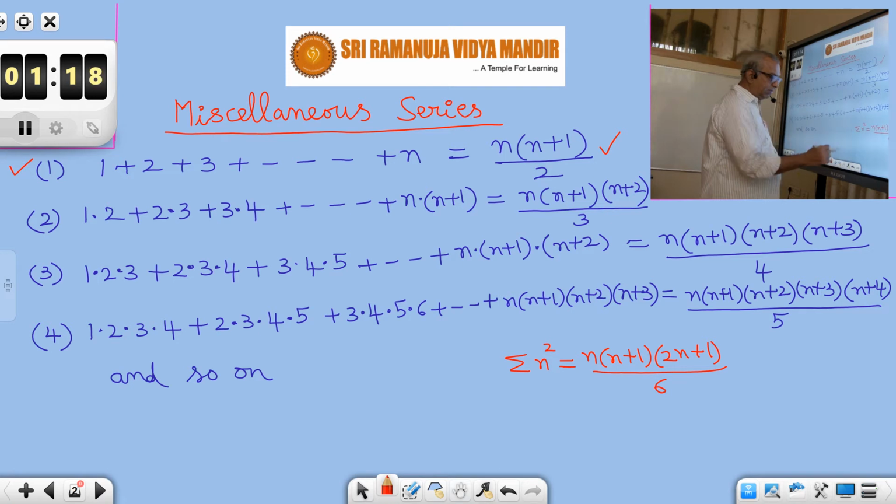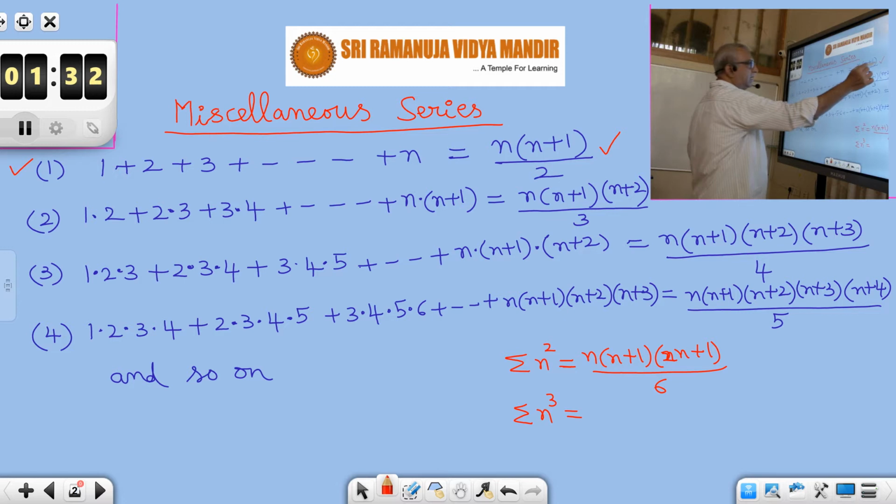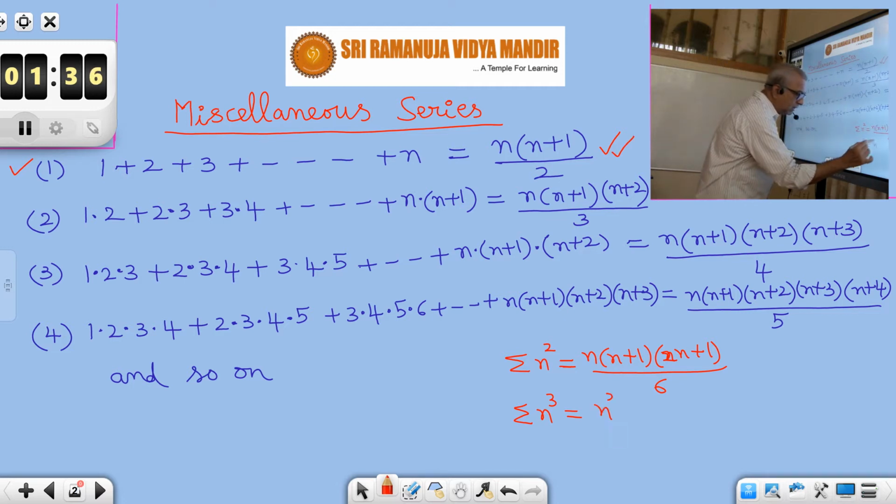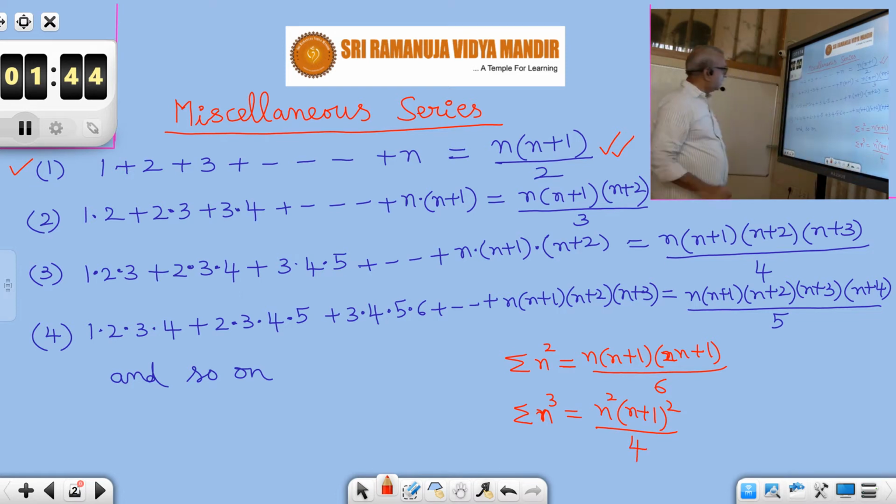What is sigma n cube? Sigma n cube means 1 cube plus 2 cube and so on up to n cube. It is just sigma n whole square, which means n square into n plus 1 whole square by 4. All these things we have seen earlier.